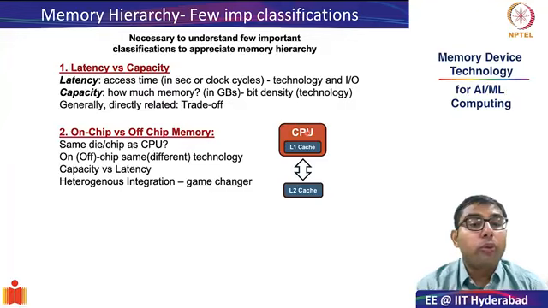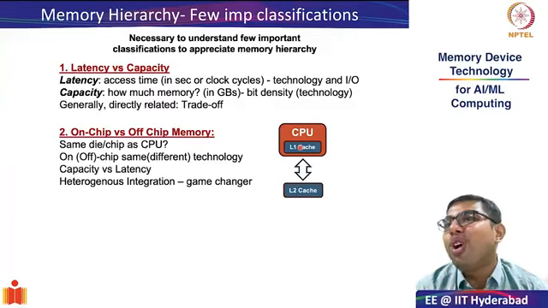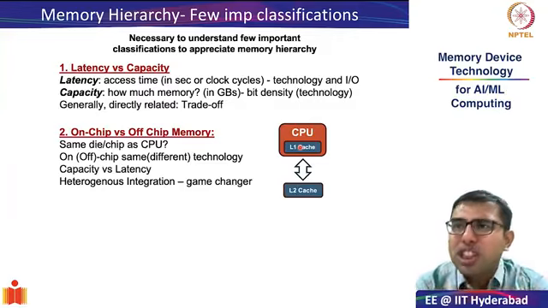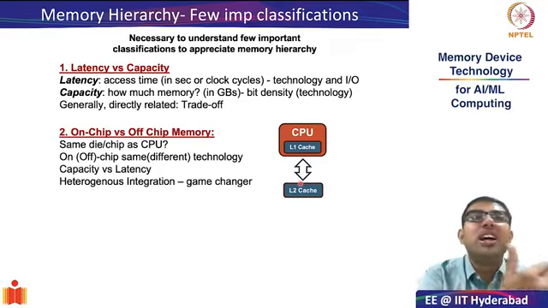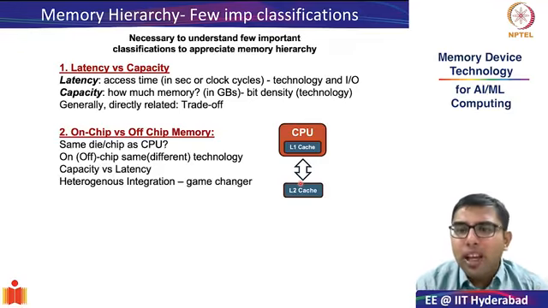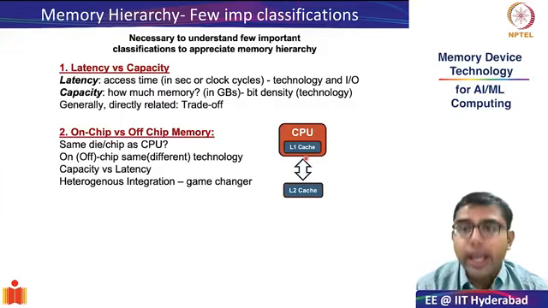Why is this very important? It is very clear. If a cache is within the chip of the CPU, of course, latency will be much smaller than a cache which is outside the chip of the CPU. Why? Because the input-output interface will add to the latency. Does that make sense?